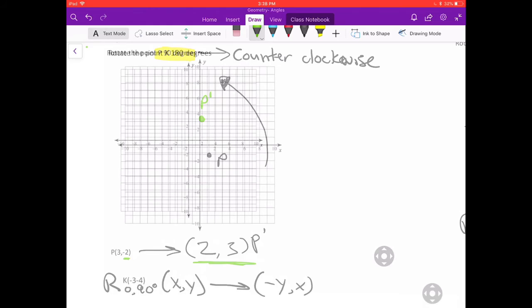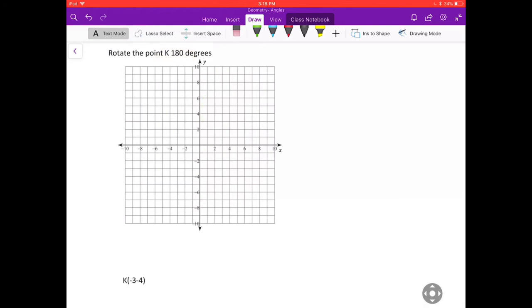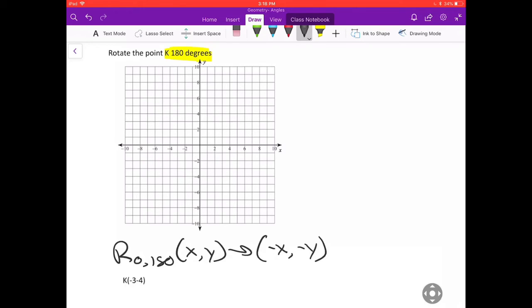All right, the next formula we're going to use is the rotation of 180 degrees. Now 180 degrees doesn't matter if it's clockwise or counterclockwise, but all we have to know for the rotation of 180 is we're going to take both signs and switch them. So whatever's negative is going to be positive, and whatever's positive is going to be negative.